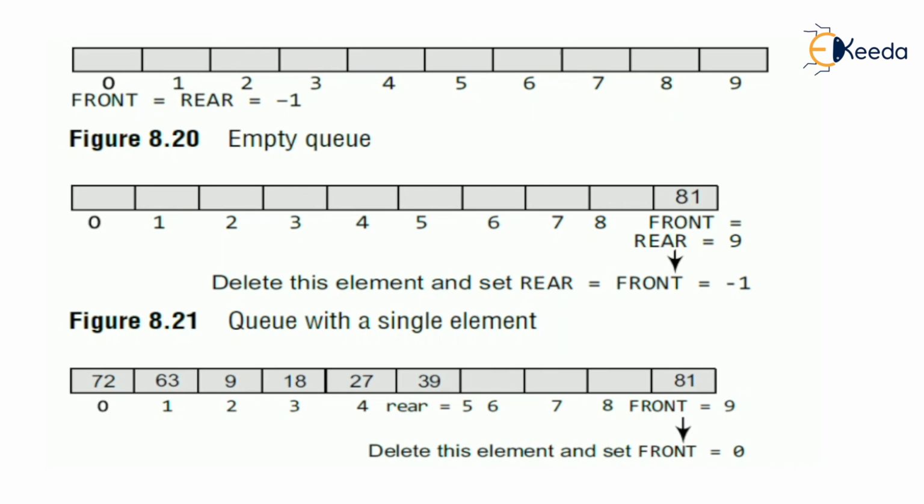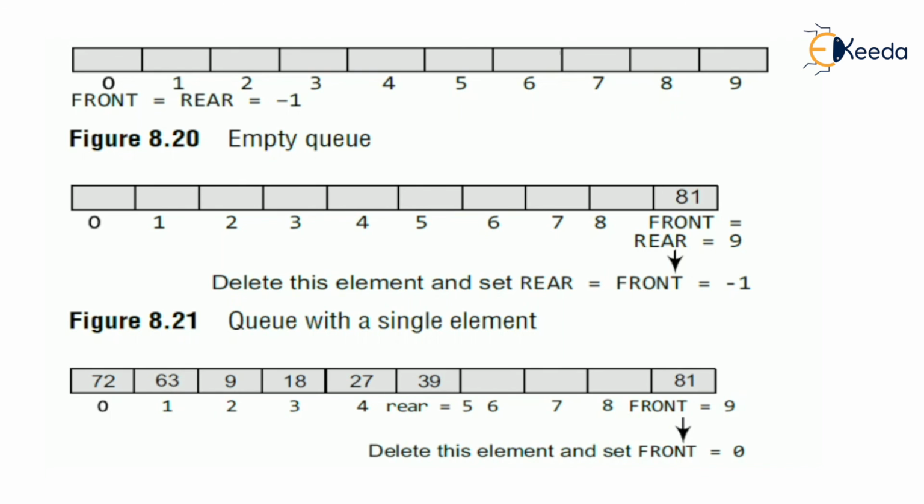So the front and rear are set to minus 1, right? If we delete this element, then we set rear and front equal to minus 1, and after that the complete queue is available to insert elements.